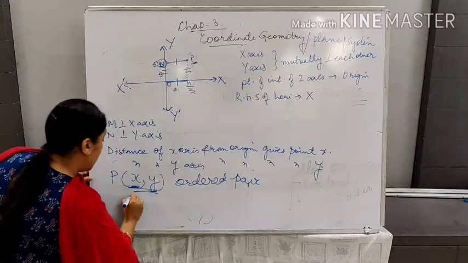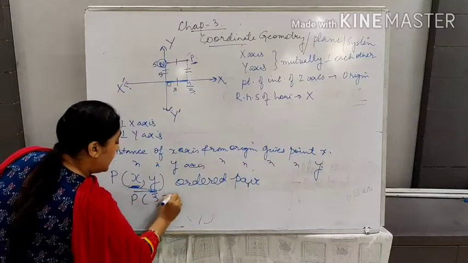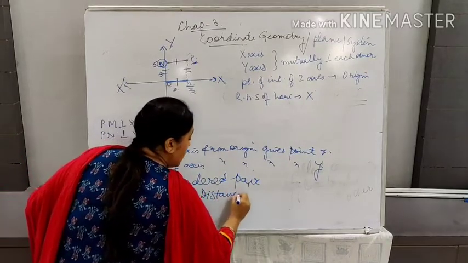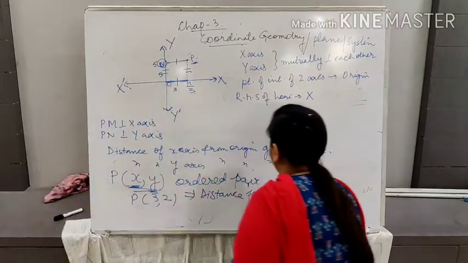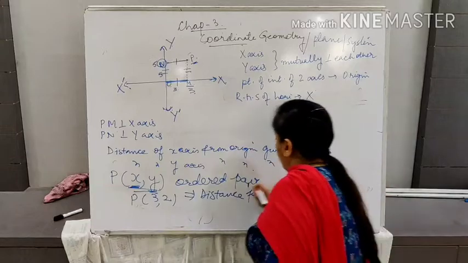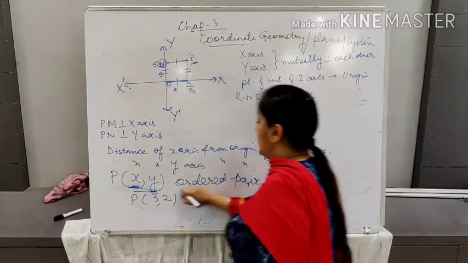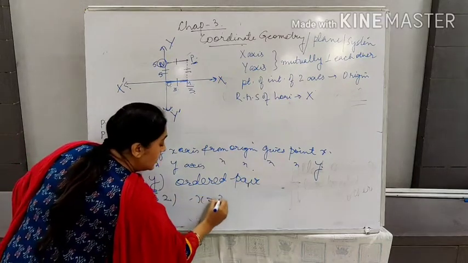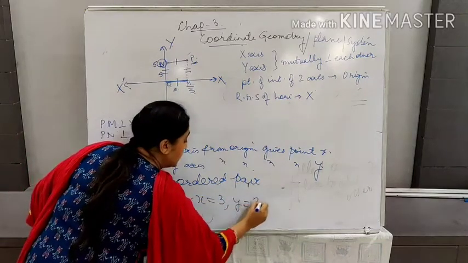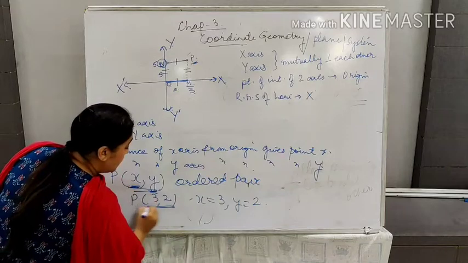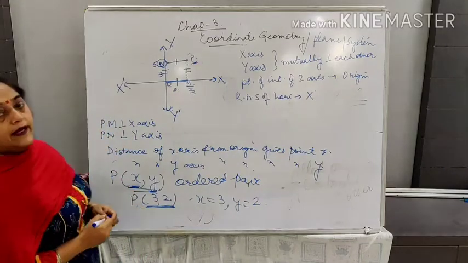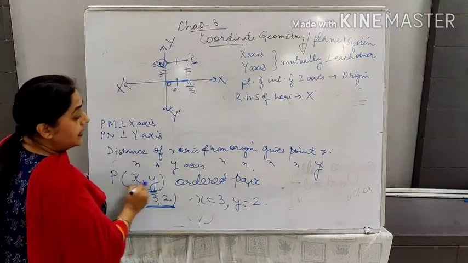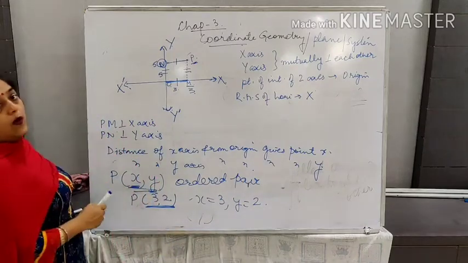So when I am talking about the point (3, 2), this means the distance from the origin. Without writing distance from the origin, the point (3, 2) gives that x is equal to 3 and y is equal to 2. Always remember, we write the x value first and then y. Writing them together is called an ordered pair.